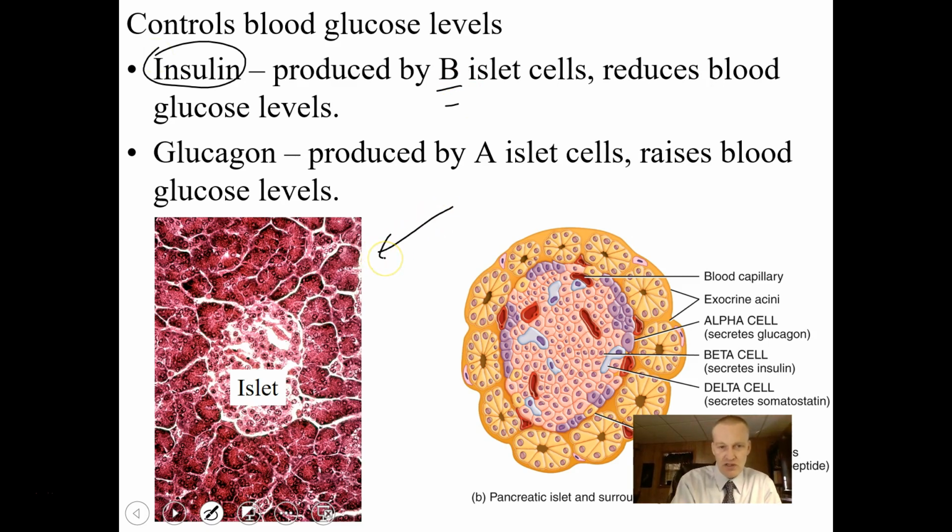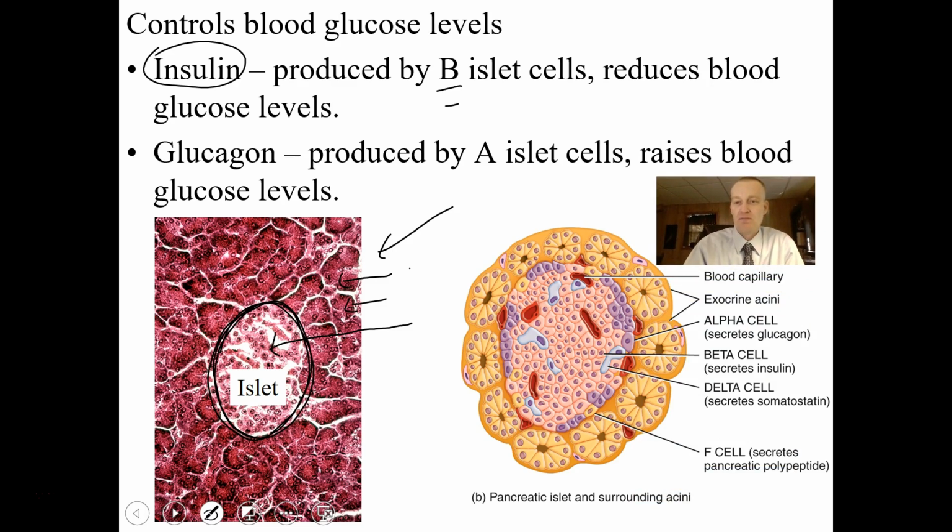If you look at a histological section of the pancreas, over here on the left-hand side, you will see cells that are involved in the exocrine function, but then there are these little islets, these little collections of specialized endocrine cells inside the pancreas, and we call those the islets of Langerhans, named after the scientist who first histologically identified them.